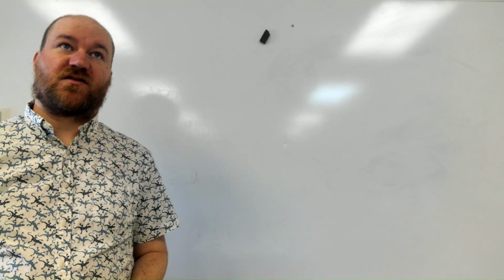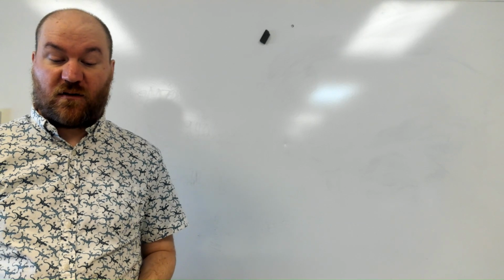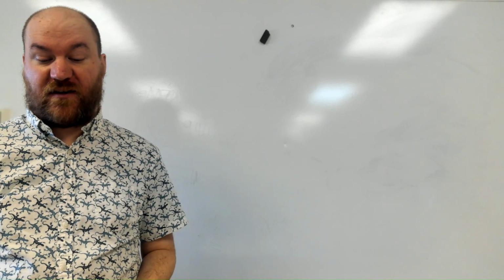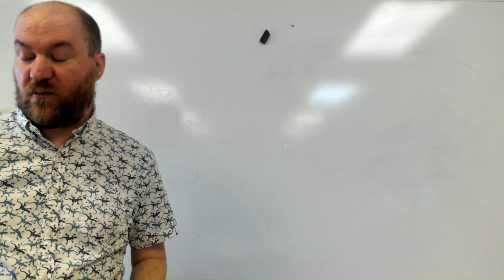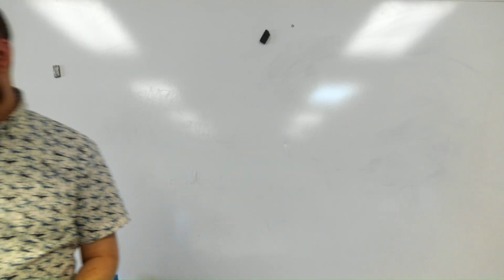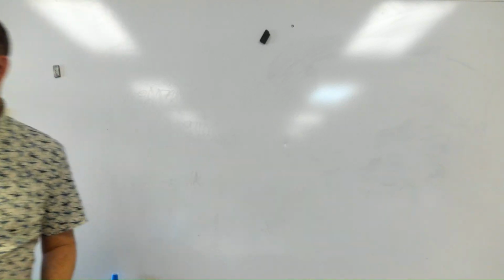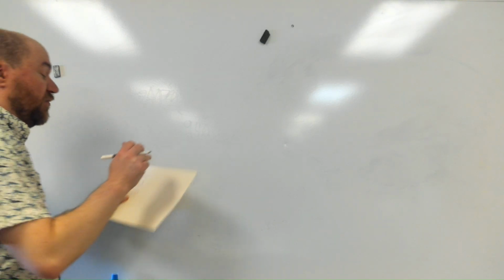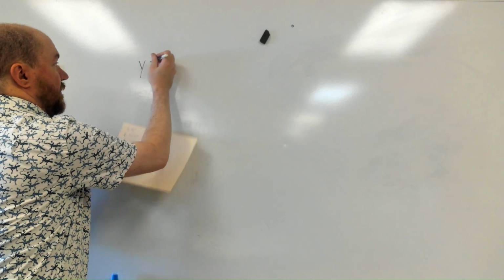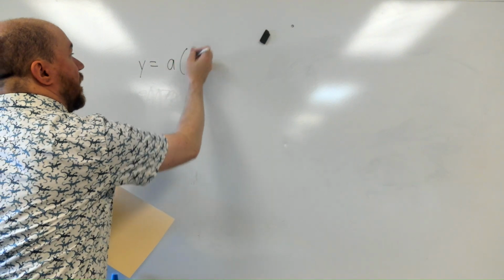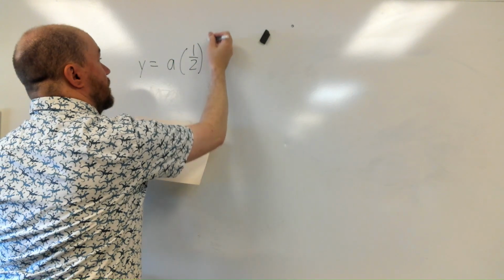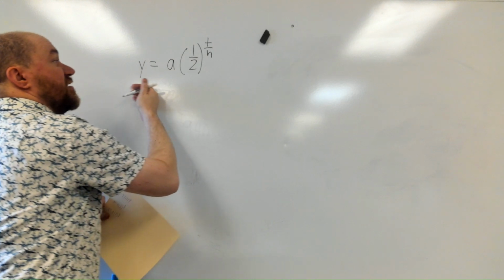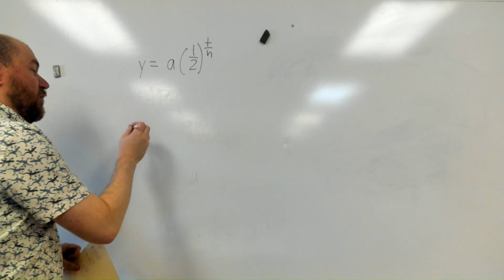When we do exponential growth and decay, there's going to be the word doubling or halving, and those are very specific formulas. We actually use a different formula for that. If your problem talks about doubling, we're going to use this formula. If your problem's halving, that's the formula we'll use.